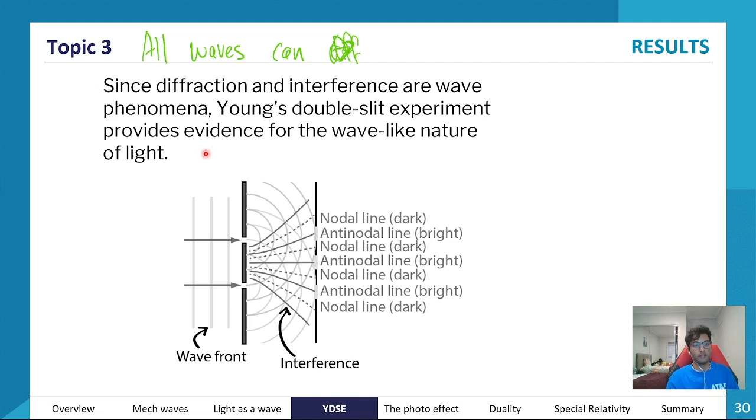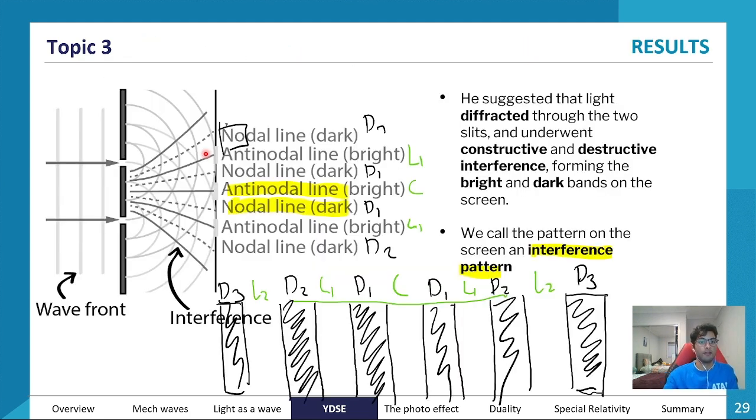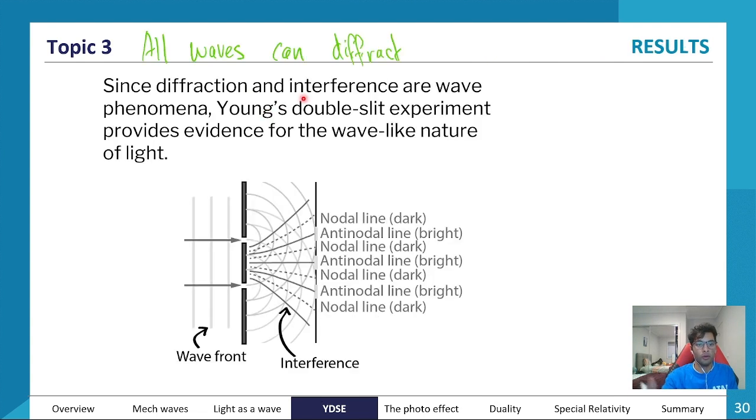So what Thomas Young showed is that light is in fact diffracting. It's showing a diffraction pattern. And since only waves can diffract, light therefore must be a wave. He essentially proved that light is a wave.